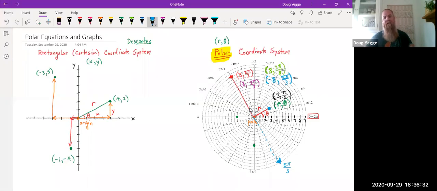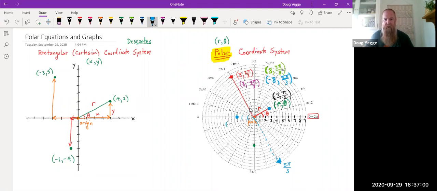And so there are an infinite number of ordered pairs that we could use in order to describe a point in polar form, even though there is only a single point in rectangular form or a single ordered pair that describes any particular point. So let's just take a look at a couple of these other points that are on the x-axis here. It looks like I've gone back 1, 2, 3 concentric circles.